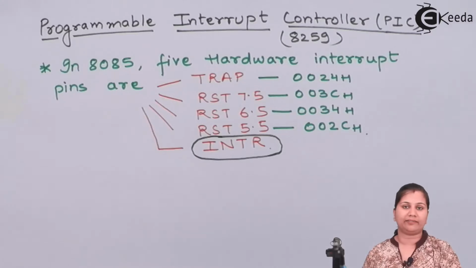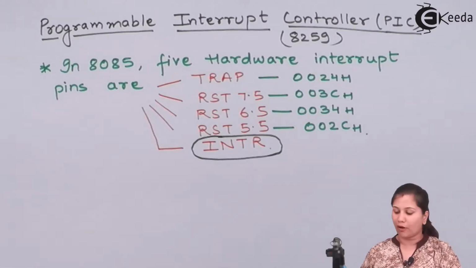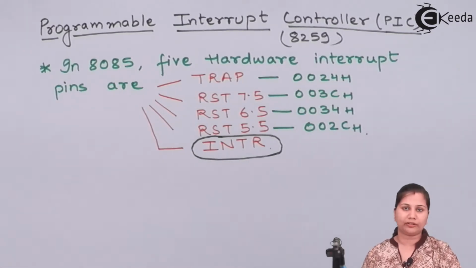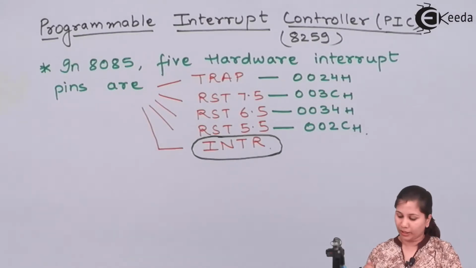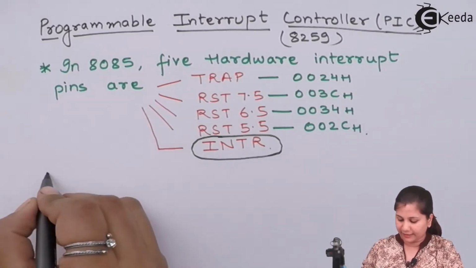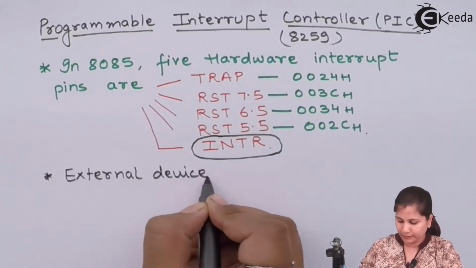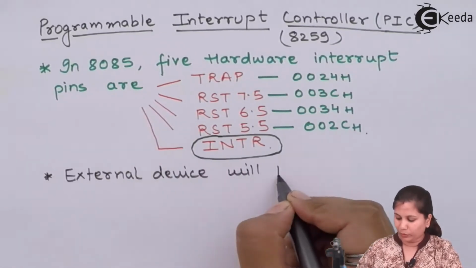So an external device is needed which will provide the vector address for this INTR interrupt, and this external device will tell the microprocessor the type of the interrupt it has to execute and the address where the subroutine is written.